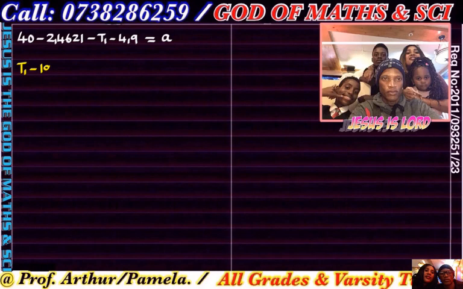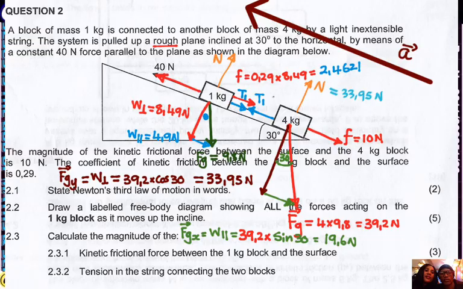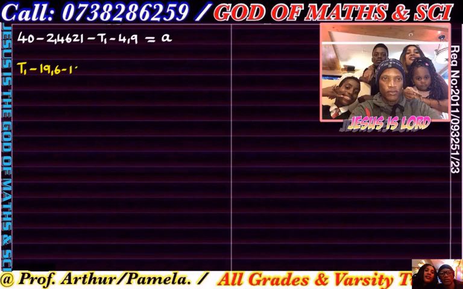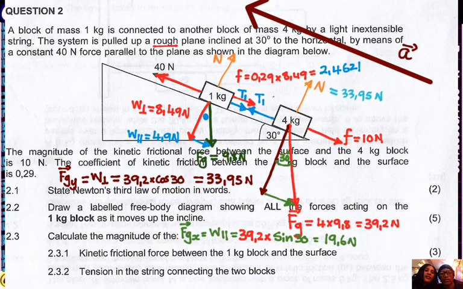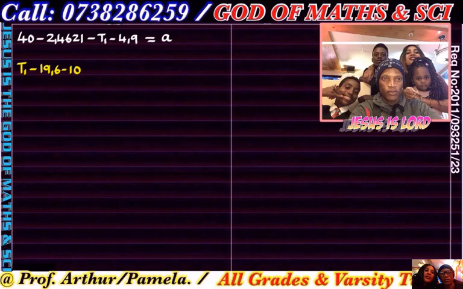So minus 19.6, minus the other downwards one here, the friction, which is 10. Then I double check if there's another one. As far as we're concerned, there's no other. Equals MA, the mass is 4, so equals 4 times A. So, according to the mathematicians, here we've got equation number 1, and this one will be equation number 2.